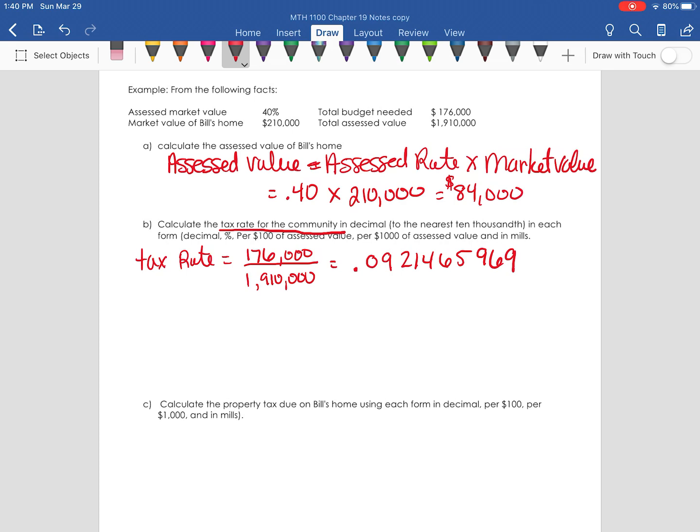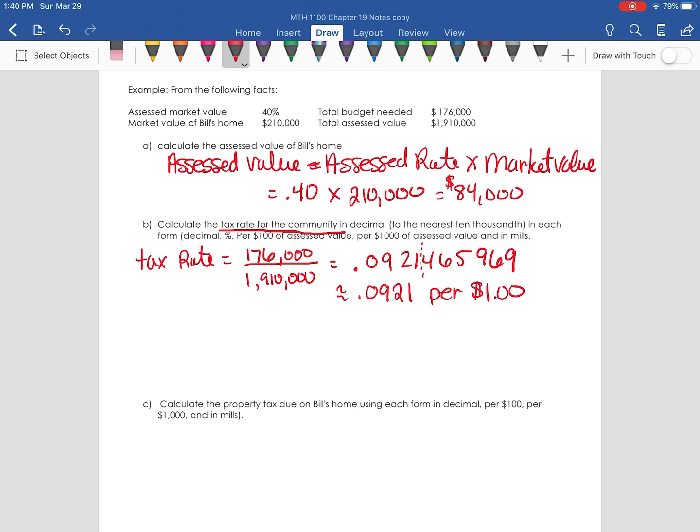Now the problem says round to the nearest 10,000, which would be up to here, 4 places. And so we're going to approximate that as 0.0921. All right, so now this is per dollar.